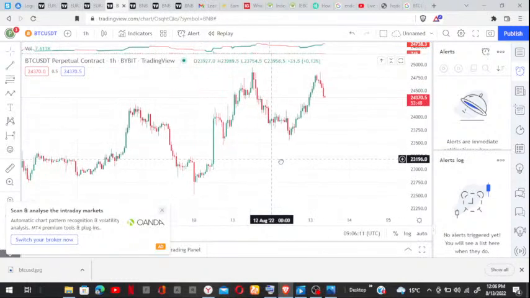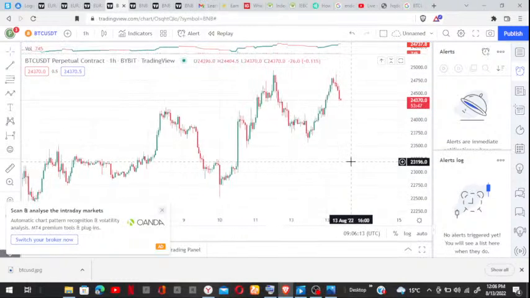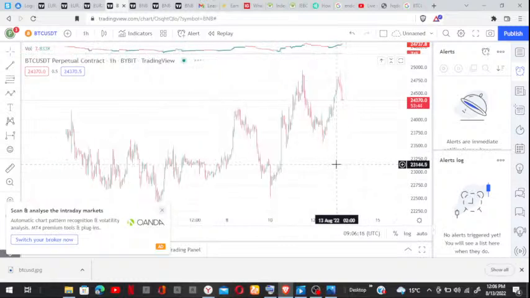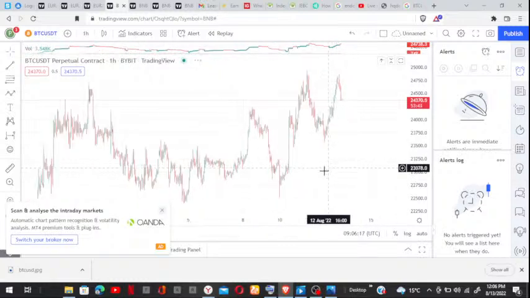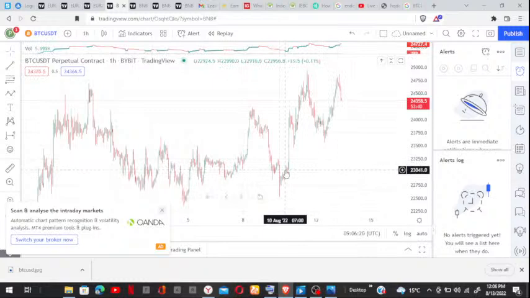So right now this is the 1 hour time frame. In the 1 hour time frame we have some liquidity over here. You can see this happened, then this happened, to balance out the liquidity in the market.